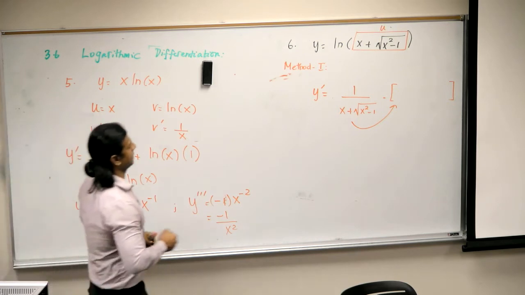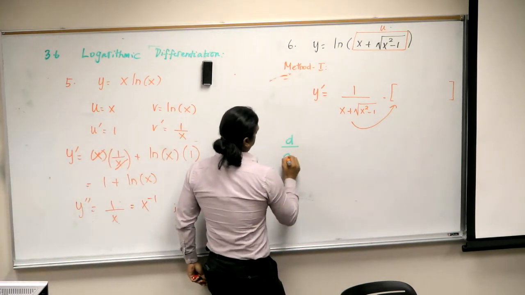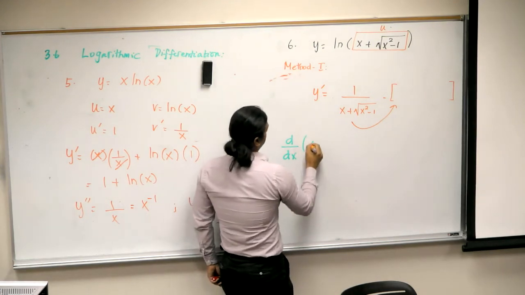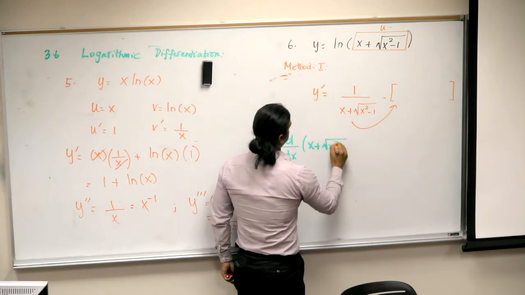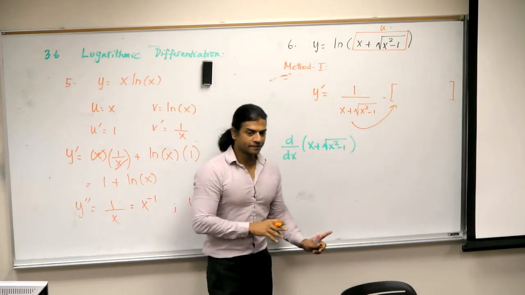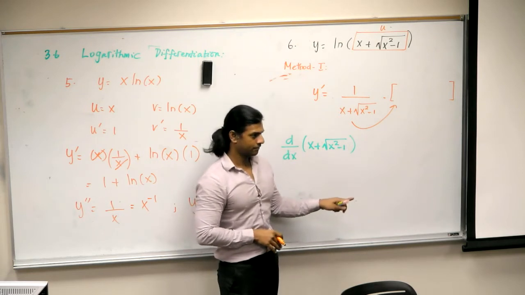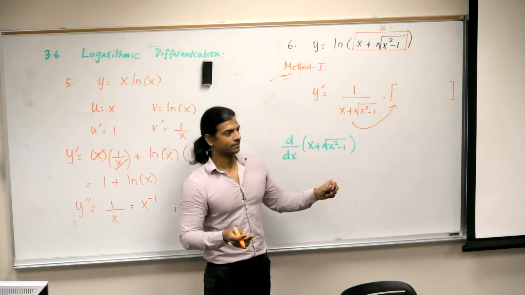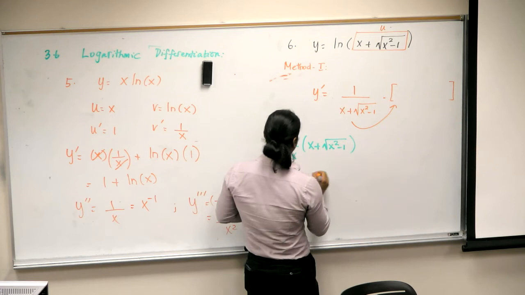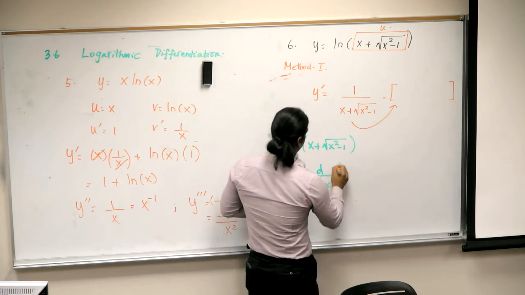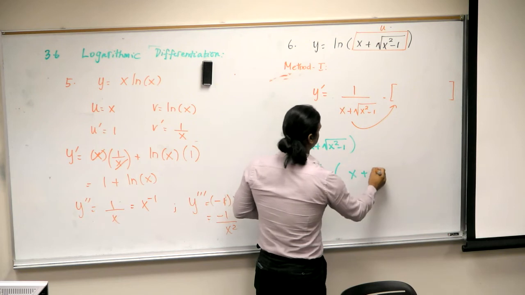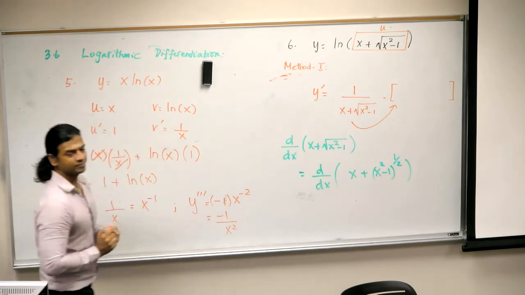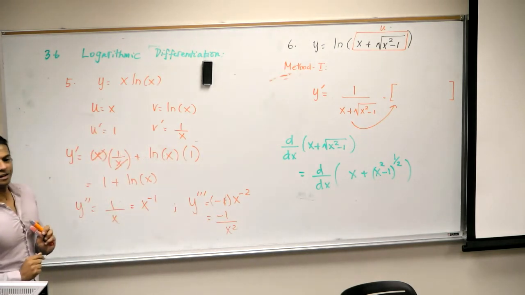Now, I'm going to do it separately because it's going to take more space. The derivative of x plus square root of x squared minus 1. Before we proceed, what should we do? You should change the square root to an exponent: x squared minus 1 raised to the 1 half.